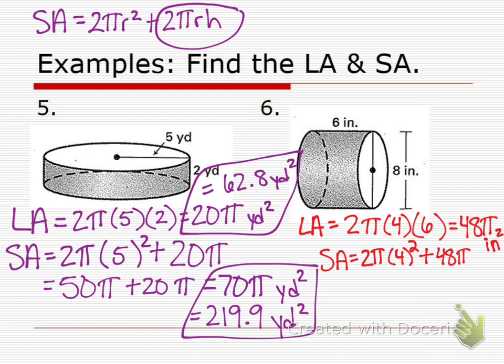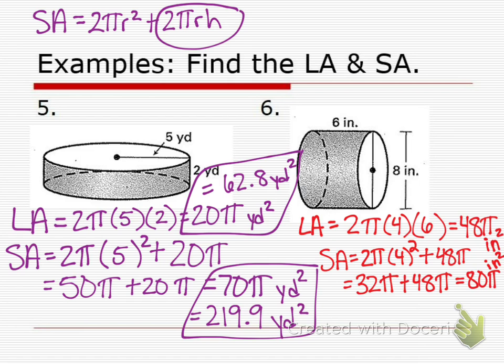What is 4 squared? 16, and then multiply by that 2 out in front. 32. So we have 32 pi plus 48 pi gives us 80 pi. Our units would still be inches squared, and if you want to, you can multiply out the 80 times the pi.